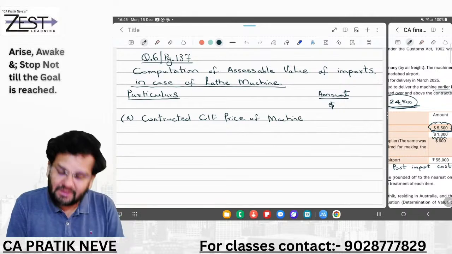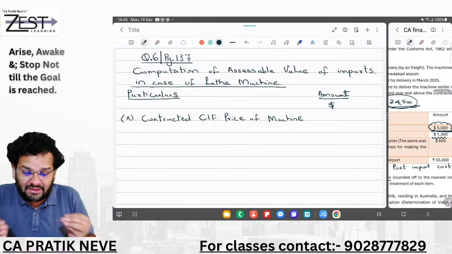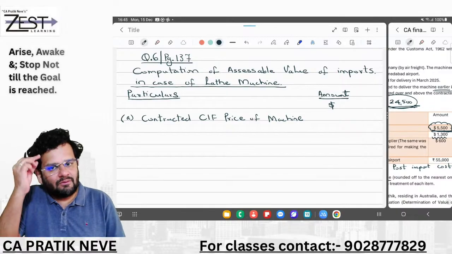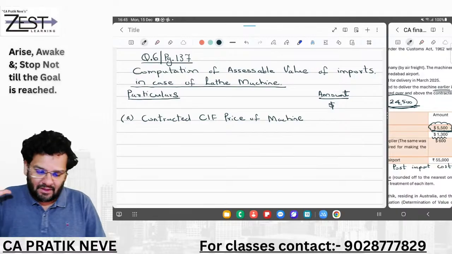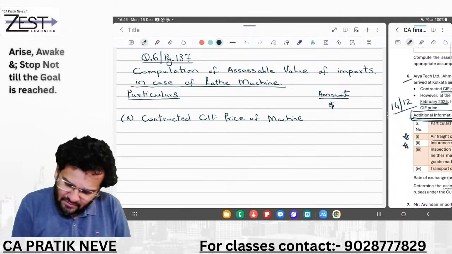Now see friends, there were two ways of looking at it. If you assume that this is literally the CIF price, then your perspective of looking at it changes totally.